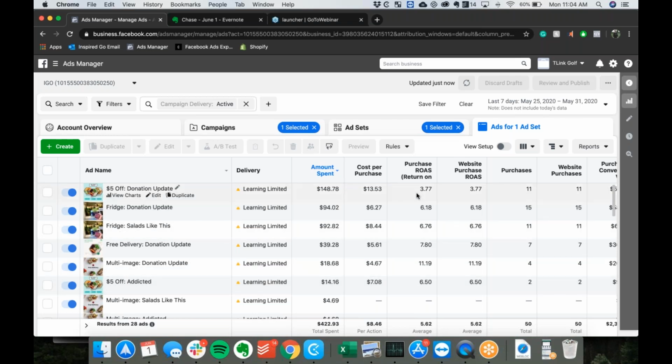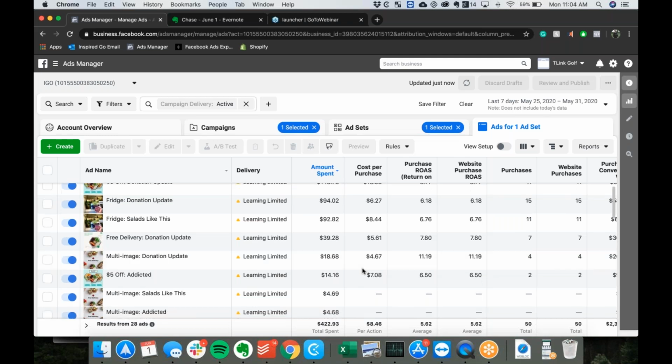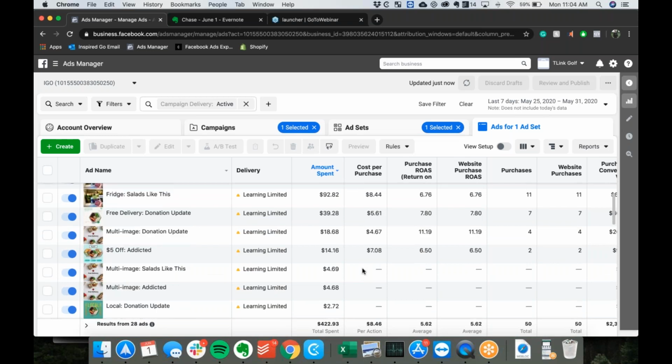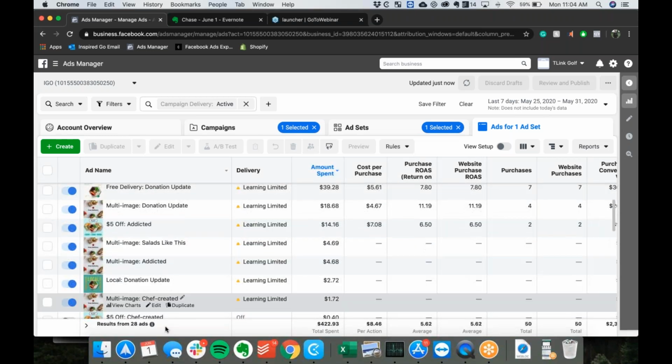Looks good. Which ones would you cut? Looking at this here. Keep going down. That's it. This is the last one.